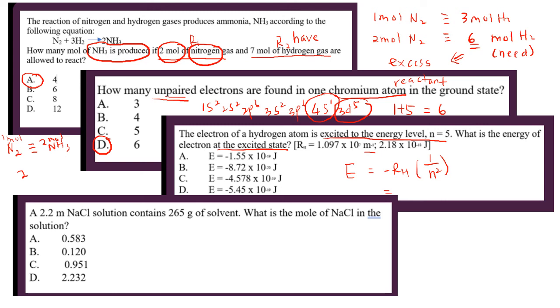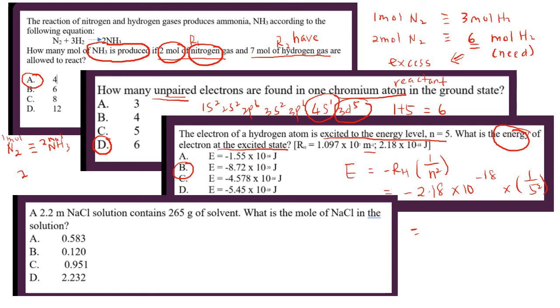Because we are going to calculate the energy, we substitute 2.18 exponent negative 18 multiplied by 1 over 5 squared. When you press the calculator, you will get the answer 8.72 exponent negative 20. So the correct answer is B.